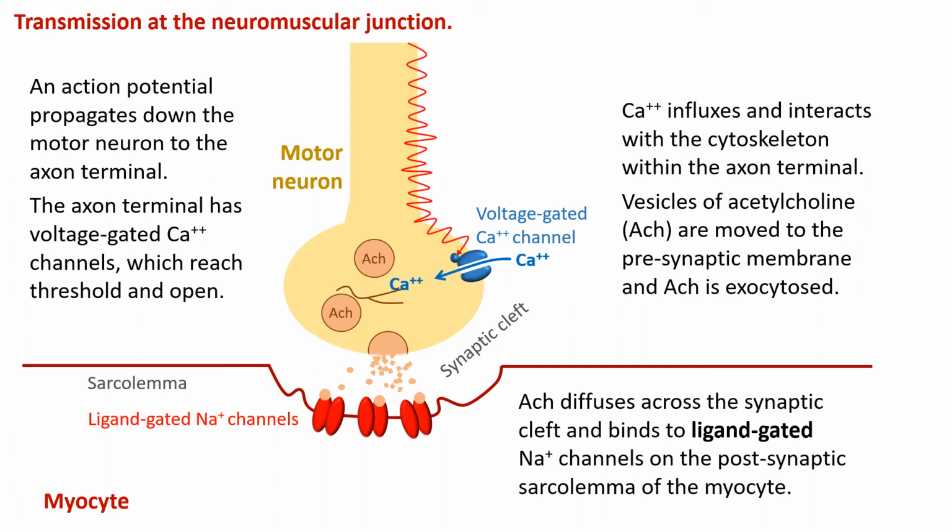This is the only place we've got ligand-gated sodium channels in this process. They're ligand-gated because, of course, the ligand is acetylcholine. Acetylcholine binds to receptors on those channels, specific ACH receptors, on the postsynaptic sarcolemma of the myocyte.